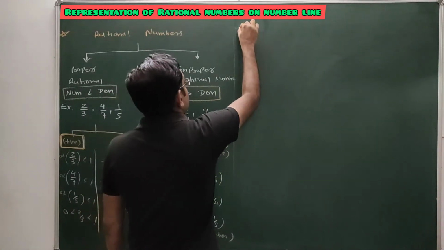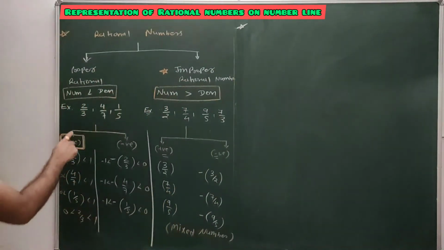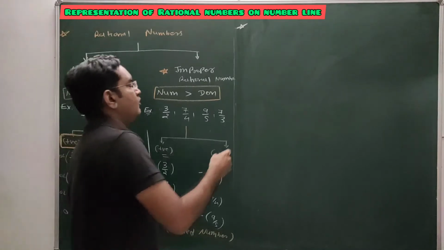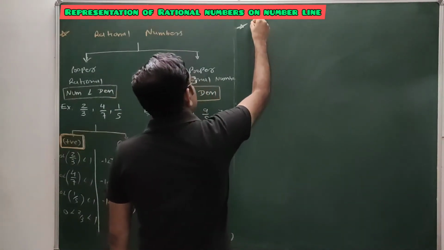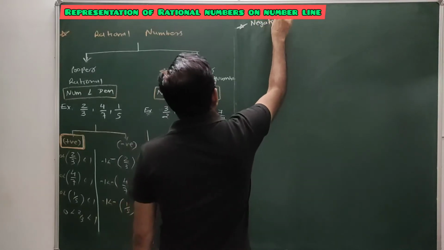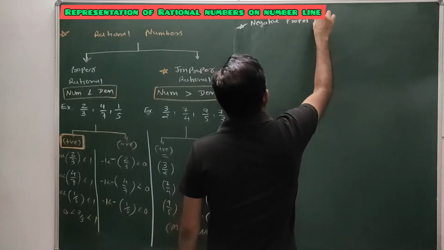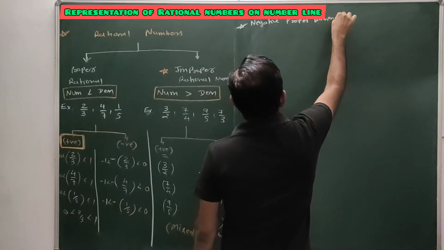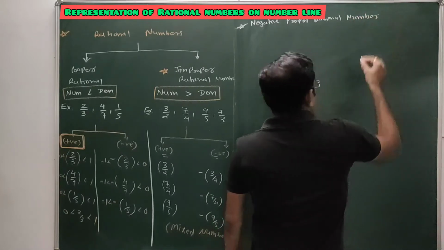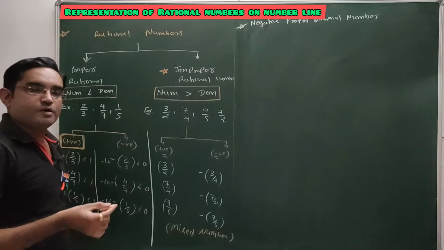Okay students, now second type of rational number, that is proper negative rational number. How to represent a negative proper rational number on number line.